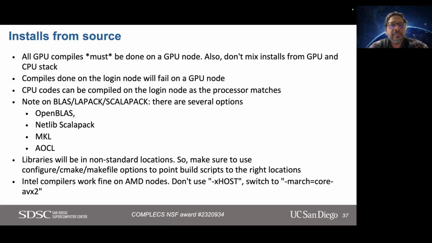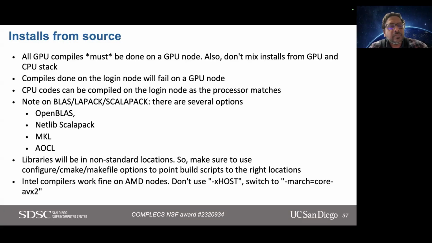The other thing is, in the previous Quantum Espresso example, I mentioned BLAS and LAPACK math libraries. There are lots of versions of those. There's OpenBLAS that provides all of the BLAS and LAPACK. There's the Netlib versions of these. The Intel MKL libraries actually do okay on the AMD nodes as well, as long as you use the core AVX2 flag.